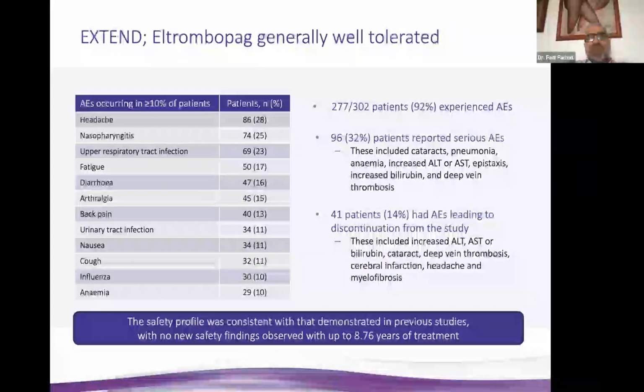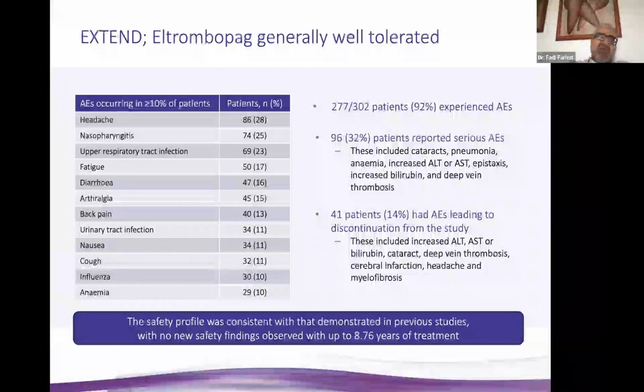And the tolerability was good. There was some headache and some nasopharyngitis, some infection and fatigue in some cases. So the adverse events were there and frequent, 90%, but the percentage of disabling adverse events was rare.